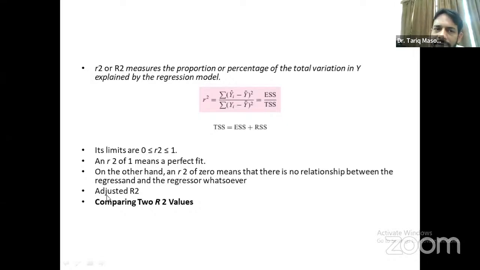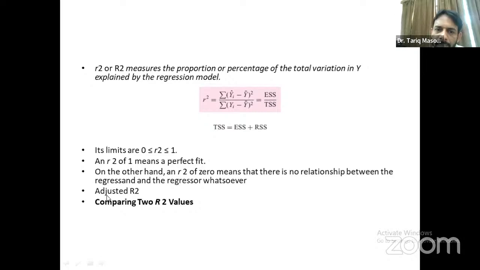The problem with R square is that once we add an additional variable, it always increases, even if that variable is an irrelevant variable. So this is problematic. There must be some penalty for adding additional regressors.